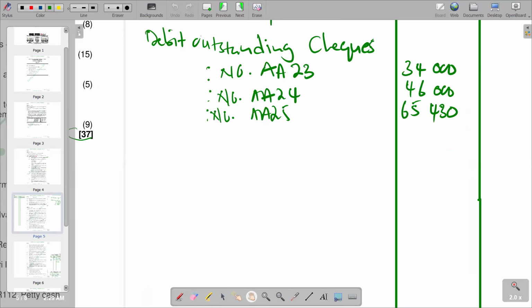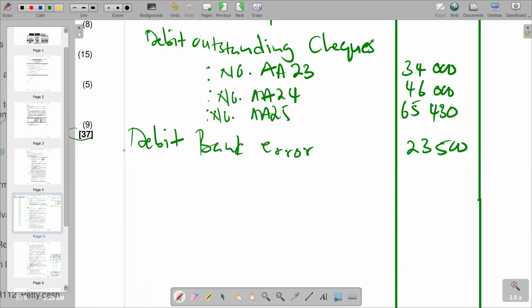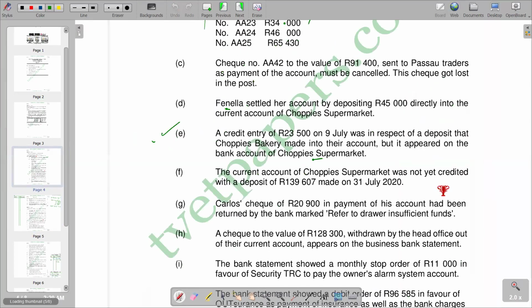So this is just debit bank error. Debit the bank error. The amount that we have, remember, is 23,500. So we go back and try to see in terms of the next that we have. So we have adjusted for this one. So we are here on F.